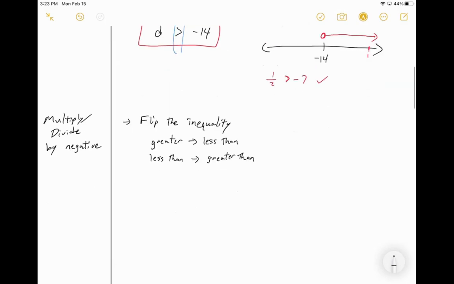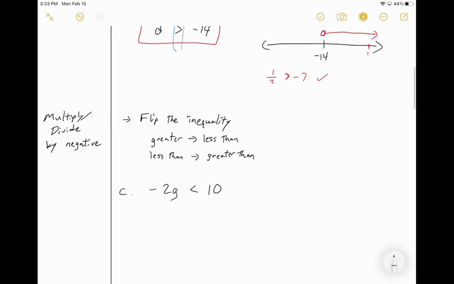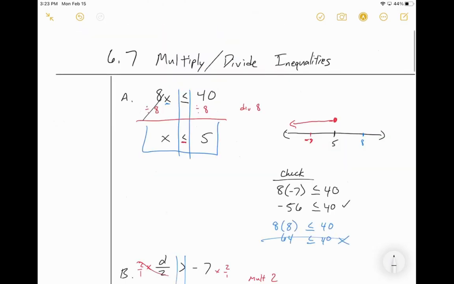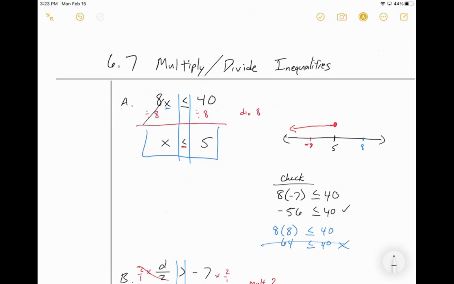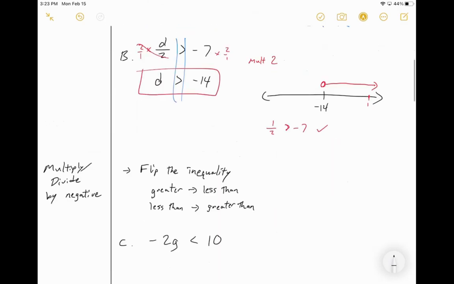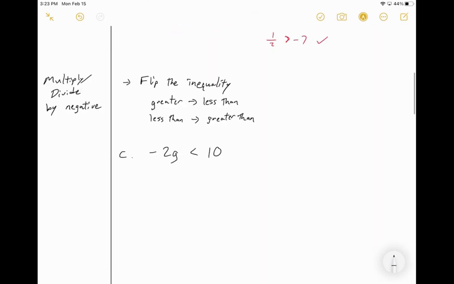All right, let's go ahead and do an example. Negative 2g is less than 10. So again, we're going to solve this the exact same way that we did a and b up here. I see multiplication, so I'm going to divide.